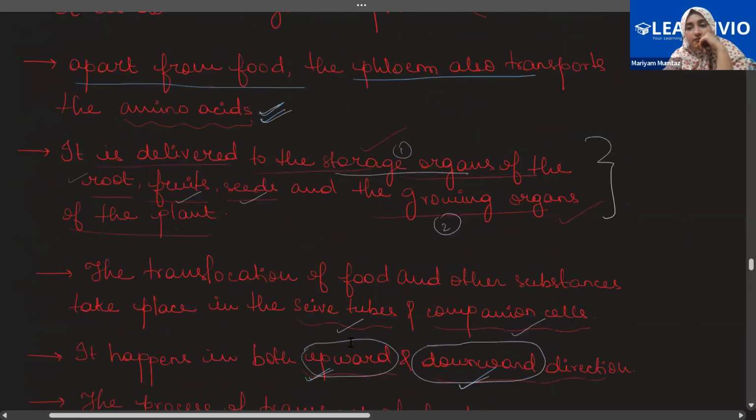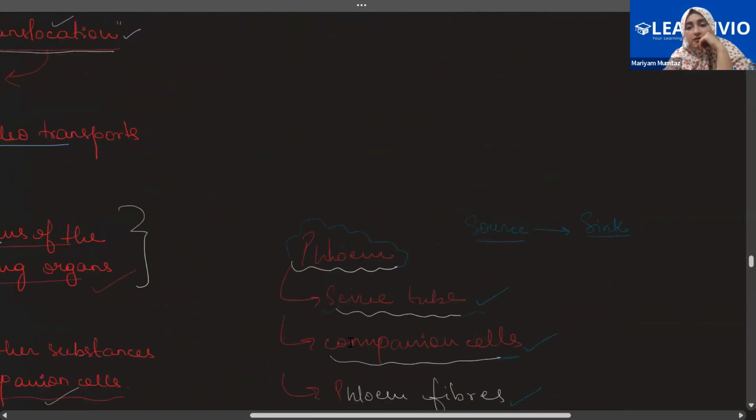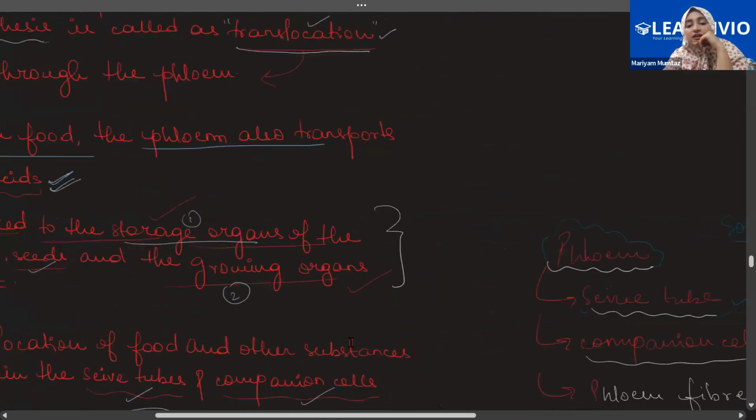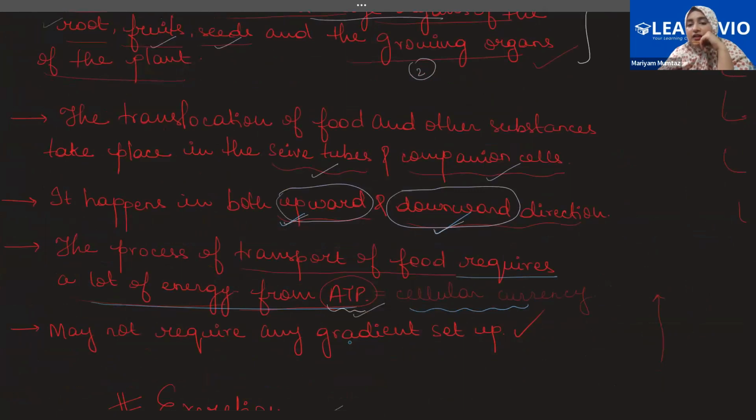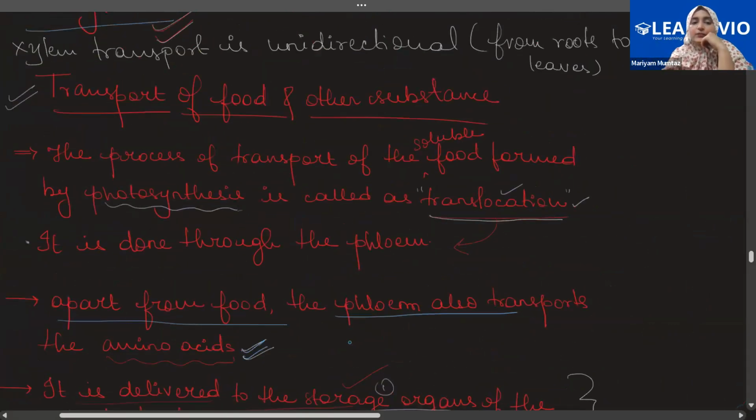We wrote the phloem components. Yes, ma'am. And all of these are done, like the upward and downward direction and all. Have you written this thing? We didn't write, but I remember your explanation. Okay, I've explained it. I'll explain it once more so that it will become fresh for all of you.